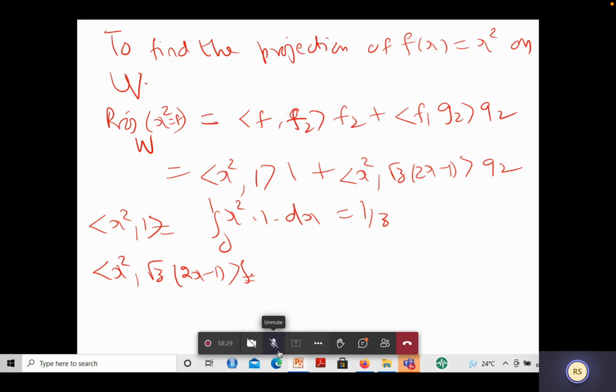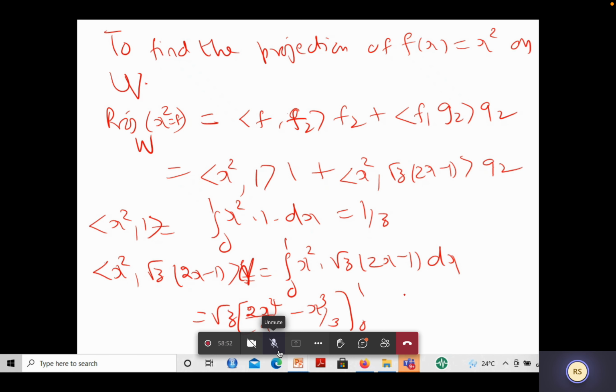It is the integral from 0 to 1 of x square into root 3 into 2x minus 1. Please evaluate this integral; I'll take root 3 outside. 2x cube gives 2x power 4 by 4, minus x square, so 1 by 2 minus 1 by 3, that is 1 by 6, so root 3 by 6. Correct?